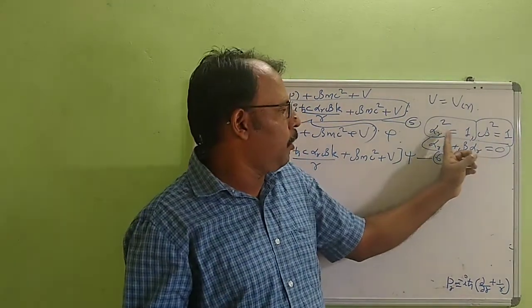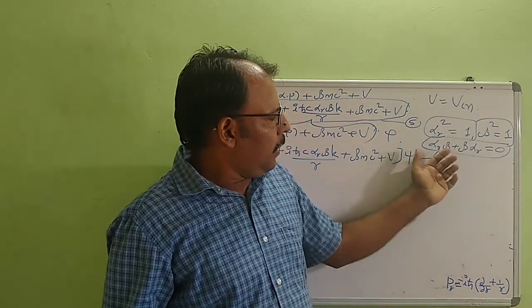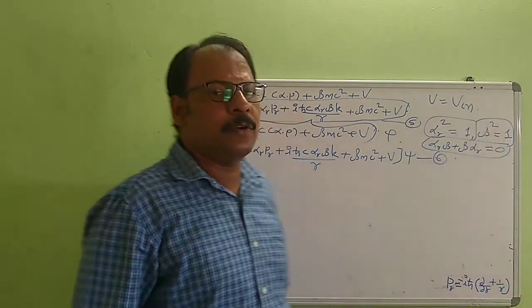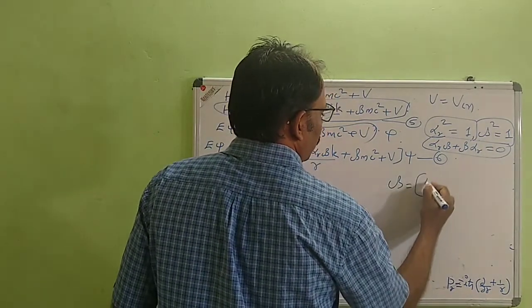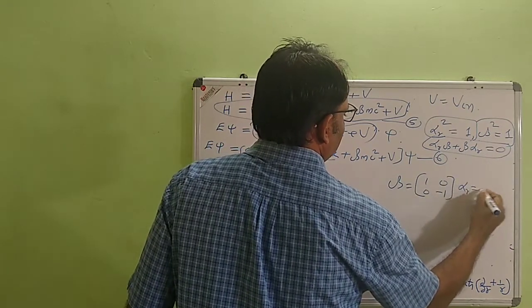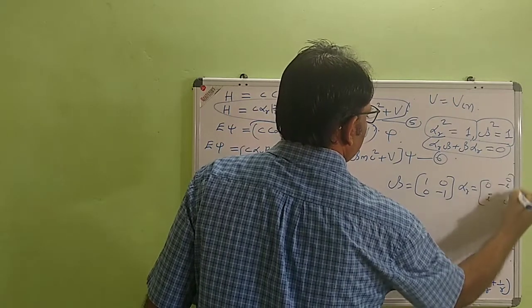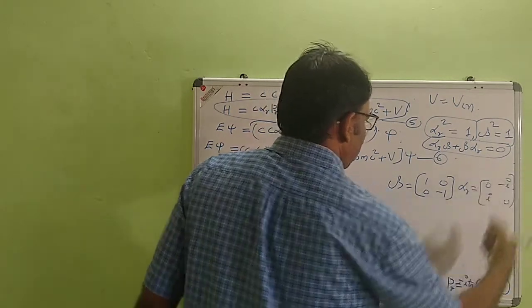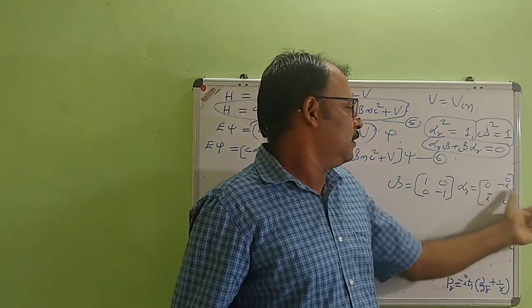We can select the beta matrix as 1 0 0 minus 1, and the alpha R matrix as 0 minus i, i 0. Actually it is the Pauli spin matrix sigma y.